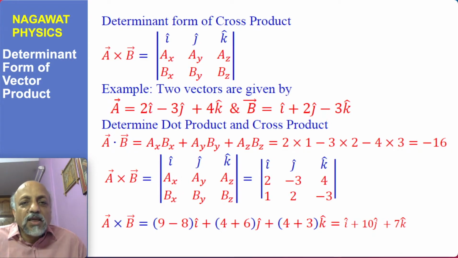But A cross B can be obtained by writing it in determinant form. So I would write 2, minus 3, 4 for A, and 1, 2, minus 3 for B, and i j k.